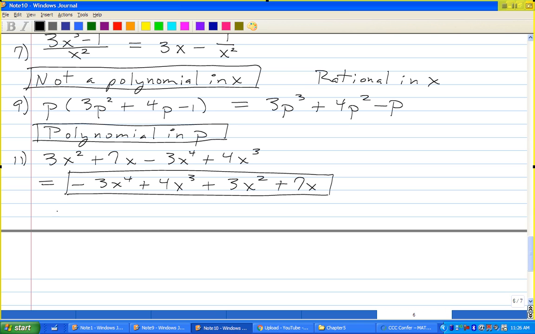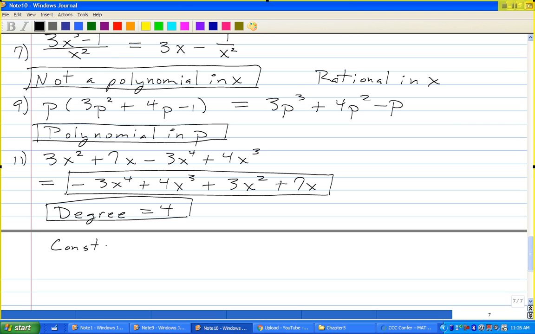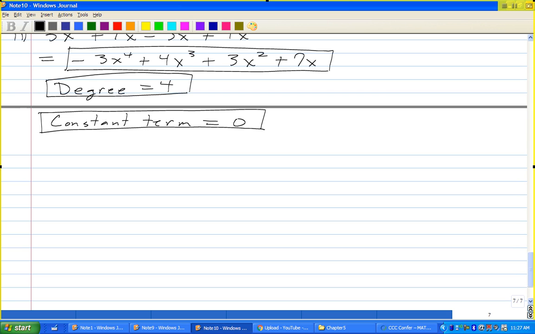The degree of this polynomial is, well, the highest power of x is 4. The constant term, the one that doesn't have a variable in front of it, is, whoa, there's none of them. So it is 0, because that's the only thing that doesn't have an x in front of it.